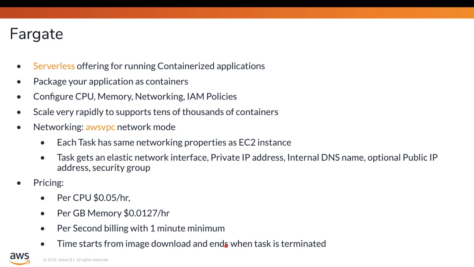Time starts from when the image is downloaded and ends when the task is terminated. So whenever you're choosing a task definition and building it, choose the appropriate launch type that you need.